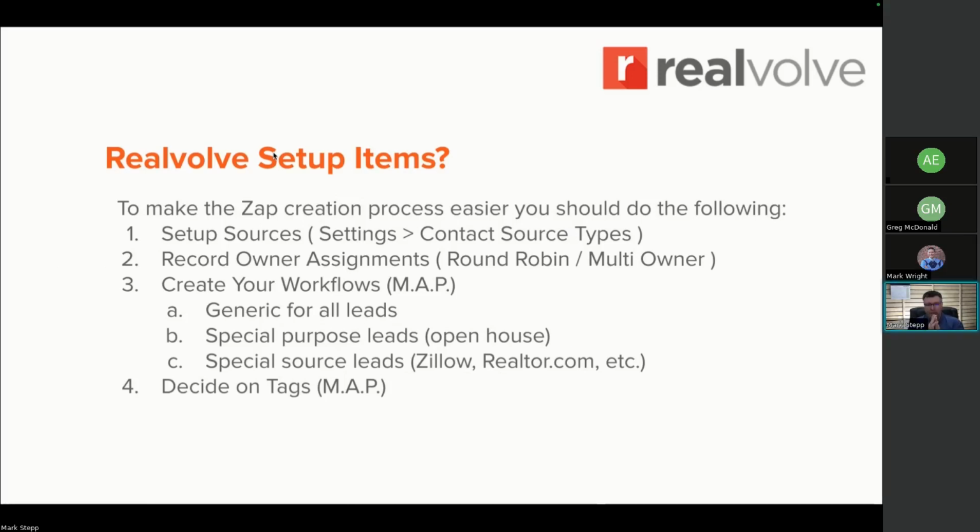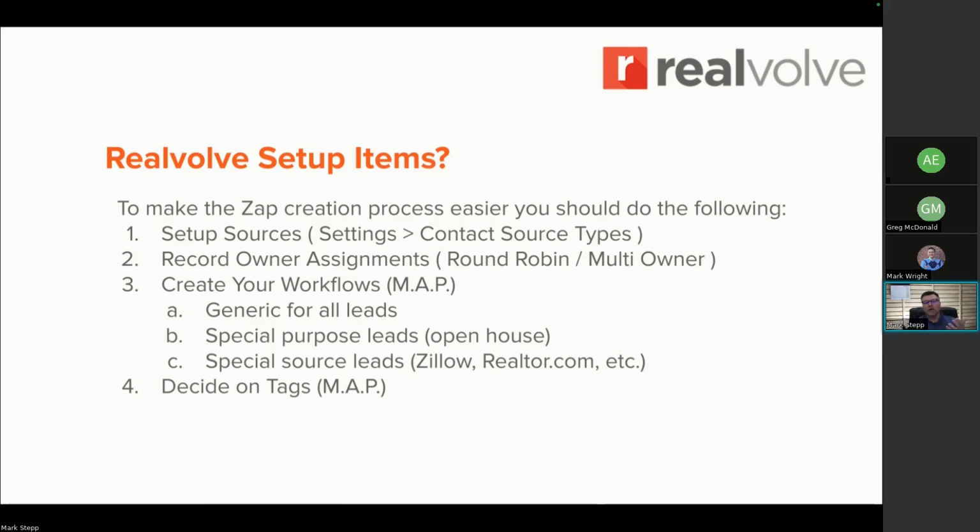Some other things to think about before you create any kind of Zap. Number one, make sure you've got your sources set up. That's under settings, contact source types. If you're going to be doing any kind of open house form, make sure you have a source called open house or something like that.